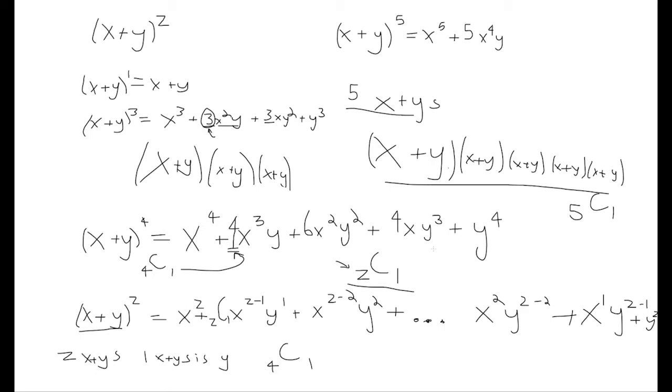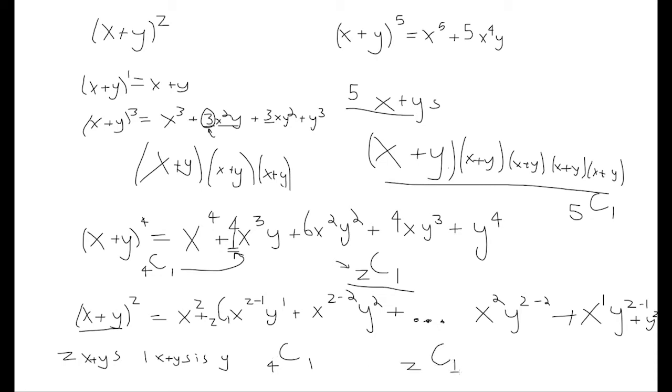Yeah, so I'll just recap because that was a lot of talking, and just in case I missed anything. There are z x plus y's, and we want to pick out one of those x plus y's to be y, right? One of them is going to be y. So if one of them is going to be y, then we know the number of combinations for choosing one of them to be y is going to be z choose 1.